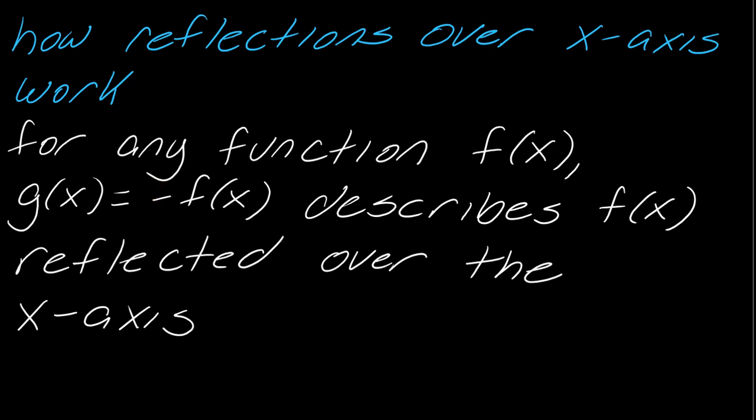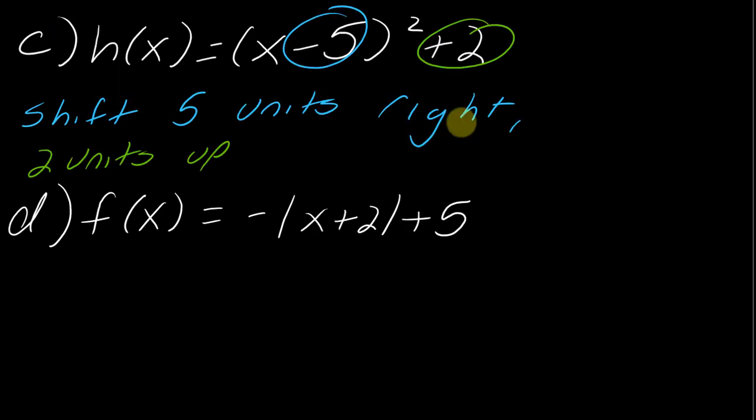Now, in the way that this particular graph is going to work, this negative does still indicate the idea of flipping the graph, but it's no longer going to be a perfect reflection over the x-axis. What I'm trying to say is that when you're out in the wild and you see a negative like we see here, the big thing you want to remember is that this flips the graph upside down.